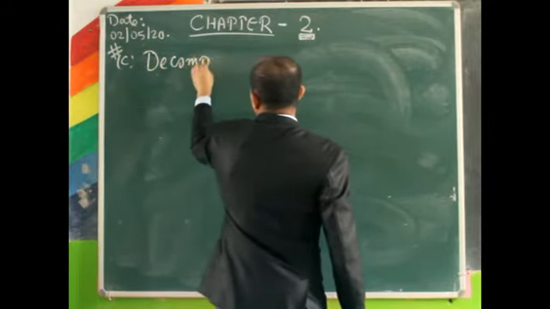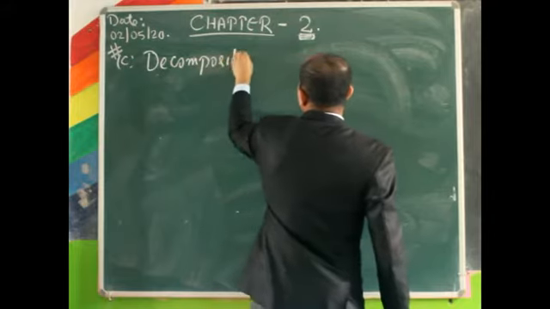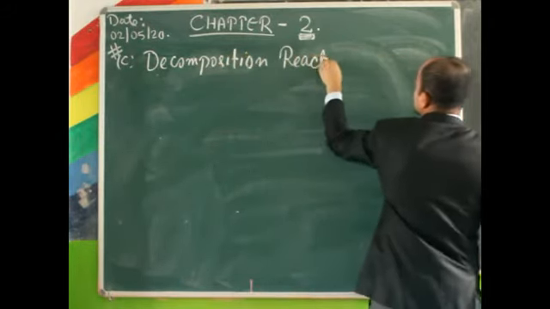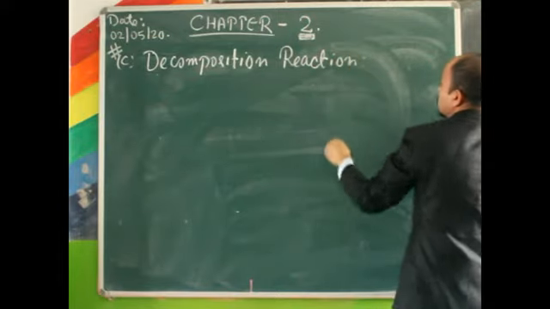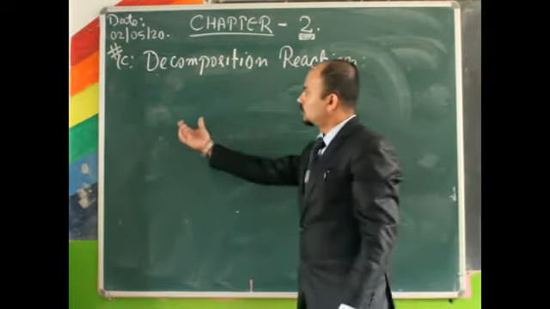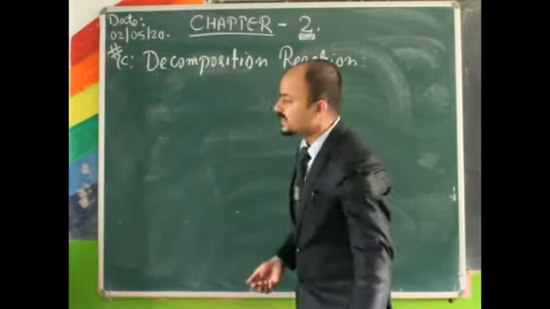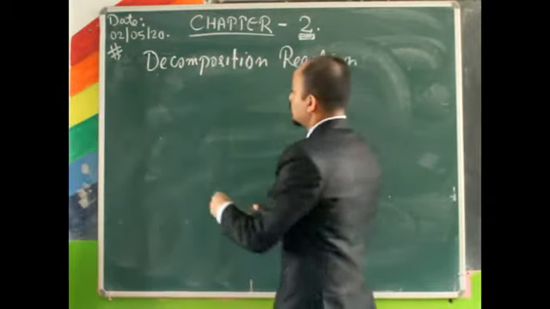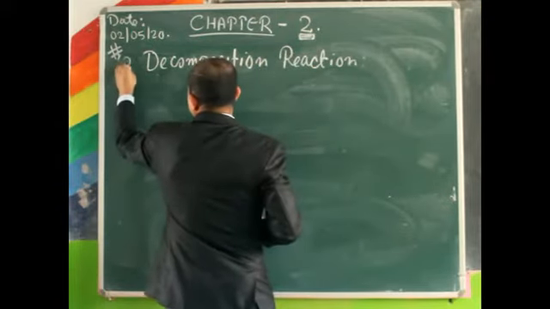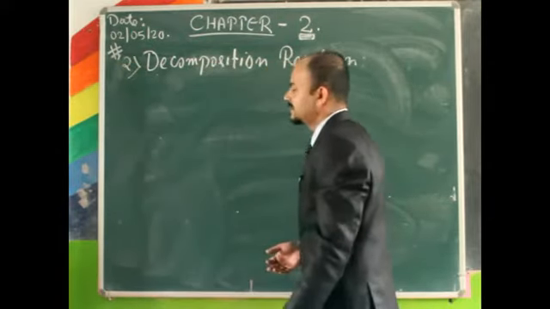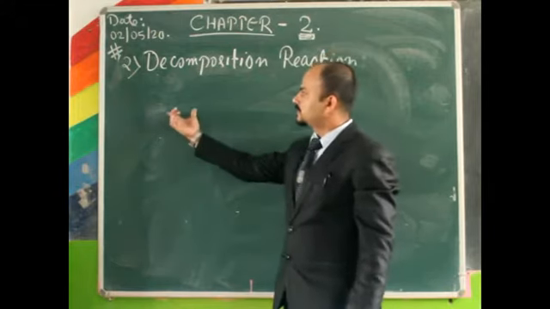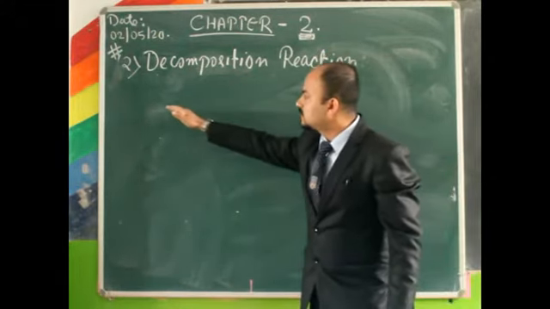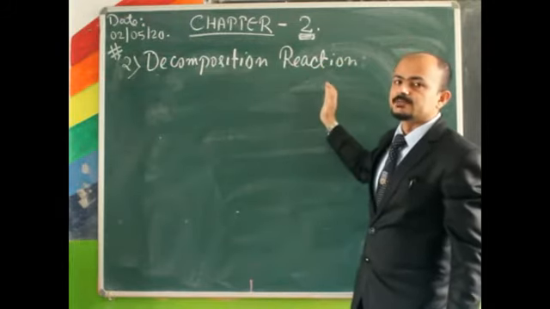Decomposition reaction. Now, here, this is the second type of reaction. Now, under this, also, this can be categorized into different types. Like, whenever you have one particular compound, that would give rise to two different elements.